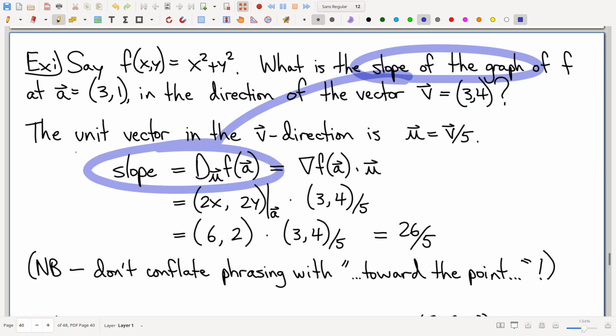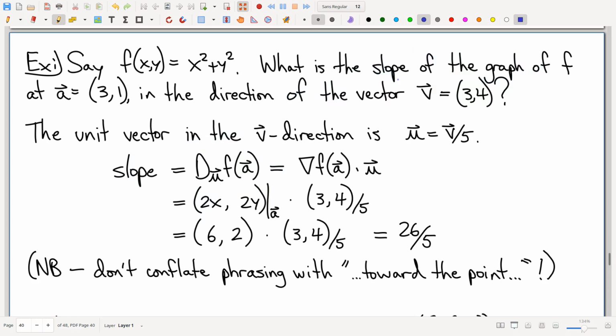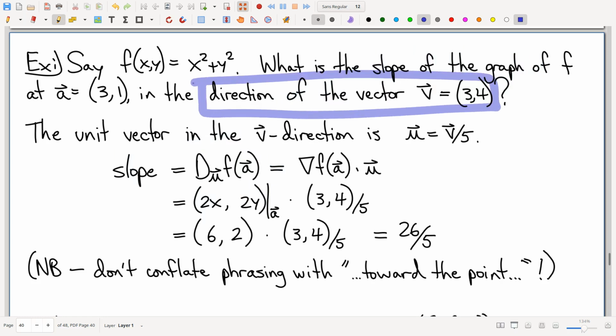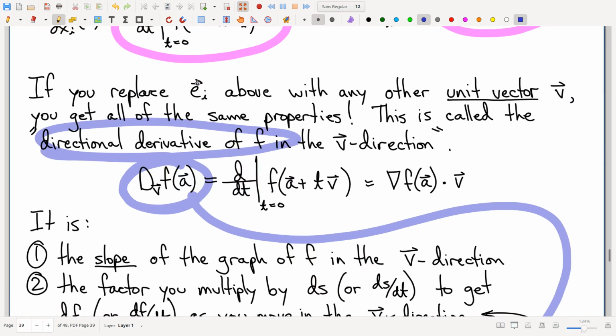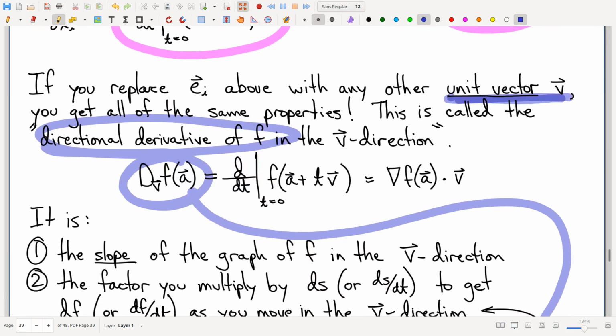All right, now here's the sticky trick situation. You notice it says here the direction of the vector 3, 4. A lot of students would then say, okay, then 3, 4 is a vector that I want to use for my directional derivative. Sure seems like it should be. But recall, this has to be a unit vector.